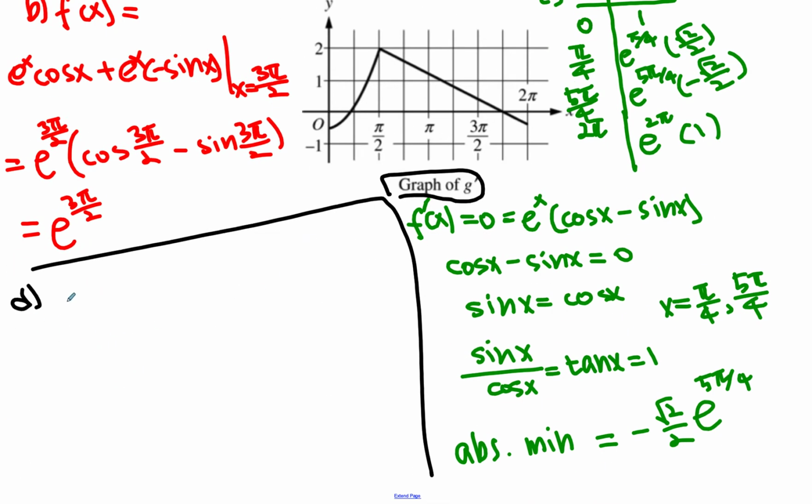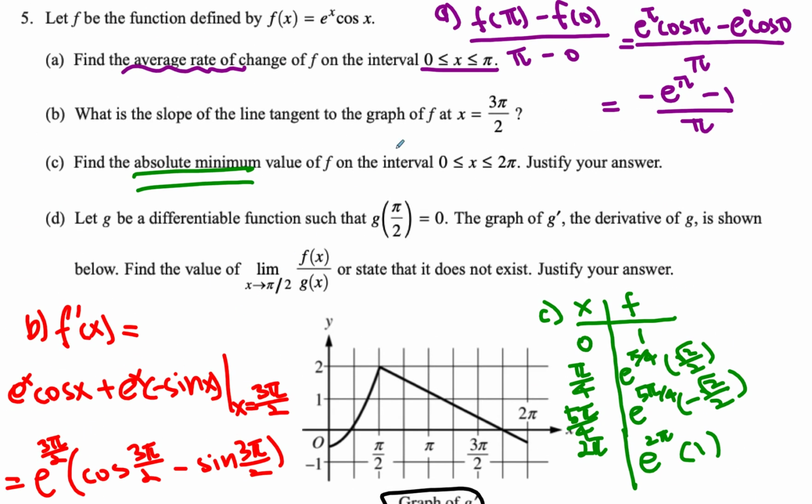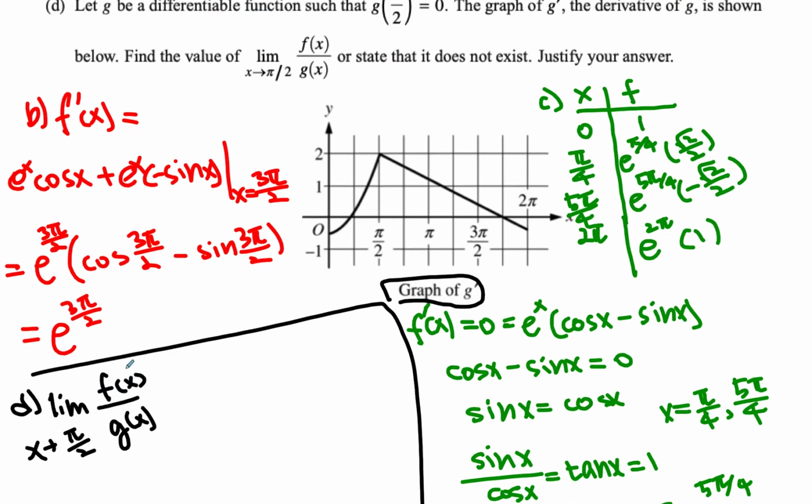Now, when I try to find the limit of f of x over g of x as x approaches pi over 2, the first thing we get to is when you plug in pi over 2 into the original function, because cosine of pi over 2 is equal to 0, our numerator becomes 0.